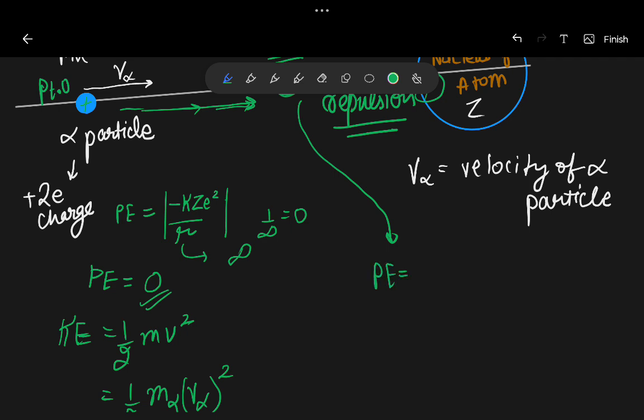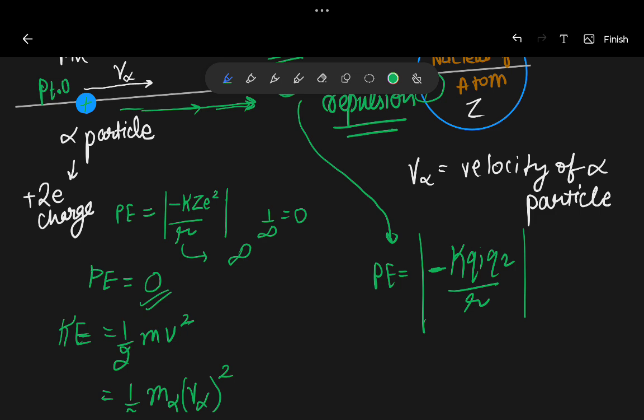This is the potential energy formula, and for magnitude I'm putting the modulus, which will just remove the negative sign. It would be k q1 q2 upon r. I told you about this formula in the first part of the video, where we were talking about the numerical extension of Rutherford's model.